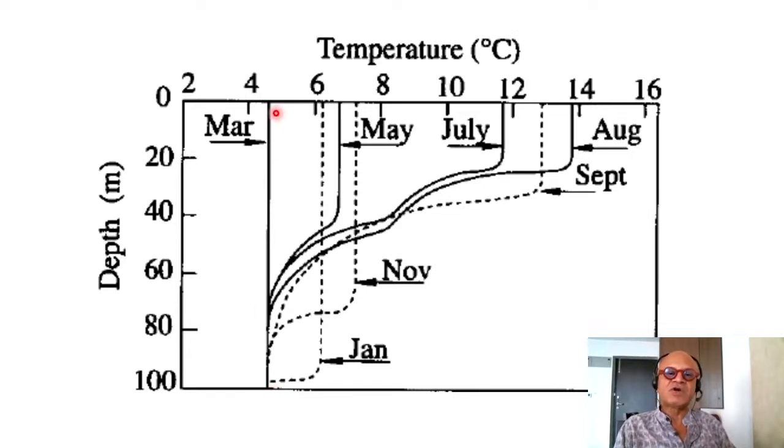So let's say we are in March, where the surface mixed layer is down to 100 meters. Sun begins to move into the northern hemisphere, so surface begins to warm. So you are going from 4 degrees centigrade temperature at the surface.